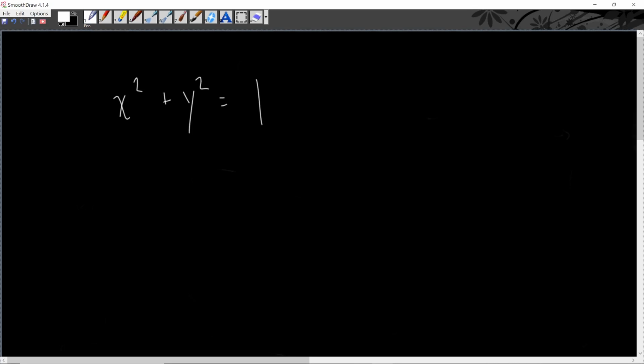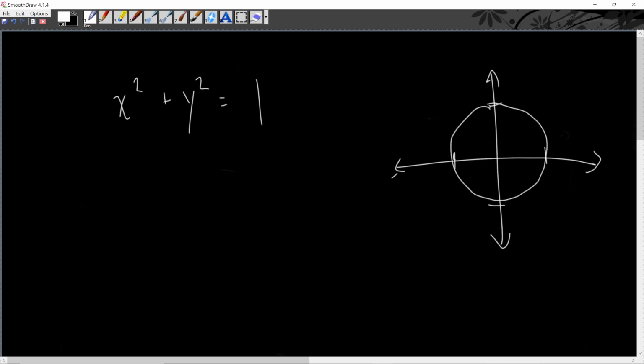And so yeah, with this equation for the unit circle, if say this is an xy plane, then x squared plus y squared equals 1, with points 1, 0, negative 1, 0, 0, 1, 0, negative 1, that would be the unit circle. I know I'm not great at drawing circles, but sure, this is how it would look. And we are going to try and find dy dx, which, like in all derivatives, is supposed to find the slope of some tangent line, and that's the tangent line to any point.